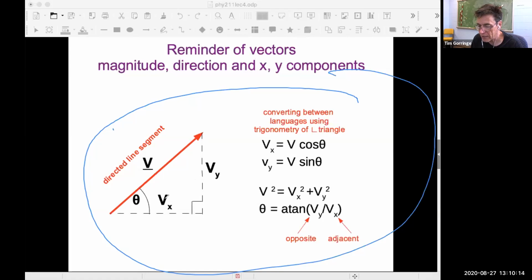The other is X and Y components, Vx and Vy. We can use whichever language is easier to work with, and we can easily convert between the languages based on this little dictionary, which is just based on geometry and trigonometry.